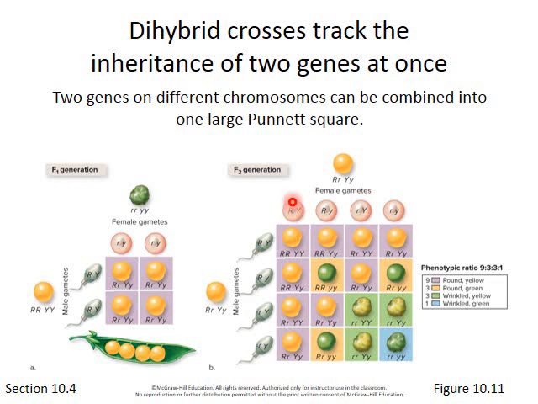You can have a gamete that's big R, big Y, or big R, little y, or little r, big Y, or little r, little y. These are the only ways that you can combine those gametes, because we're dealing with 2 traits instead of 1.